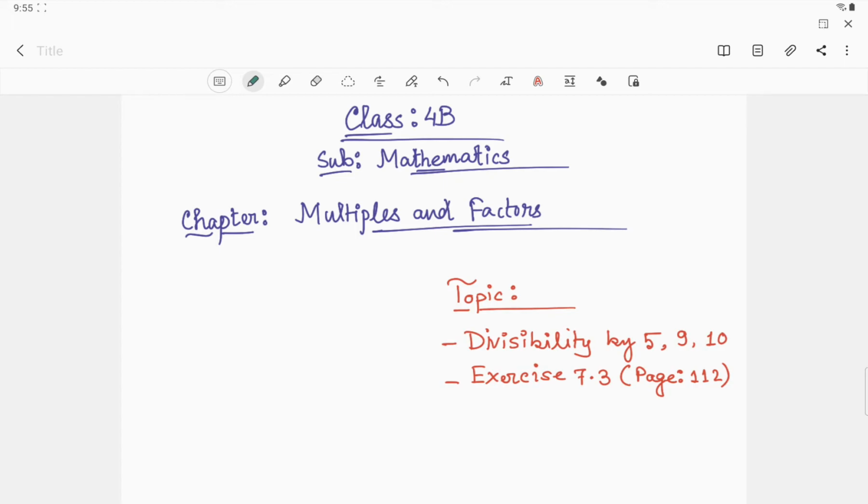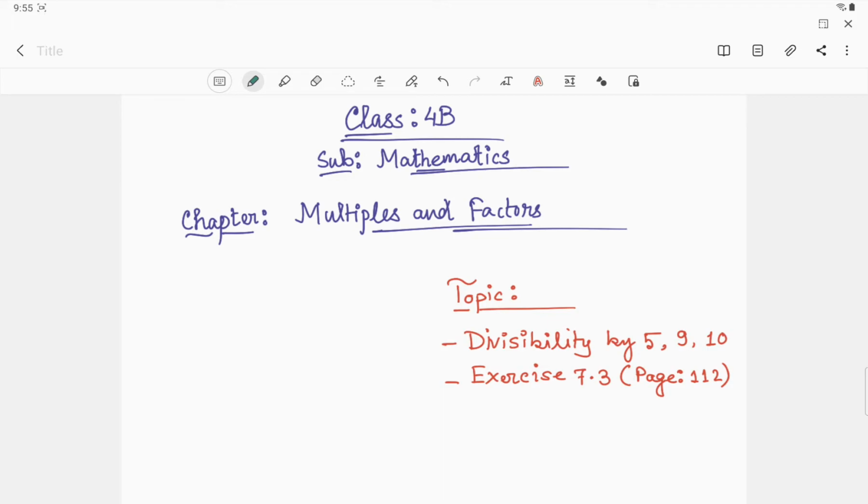So what is the topic? What do you mean by divisibility by 5, by 9, by 10? It means if a number is given, now you can easily check whether it is divisible by 5 or not, divisible by 9 or not, divisible by 10 or not, right?